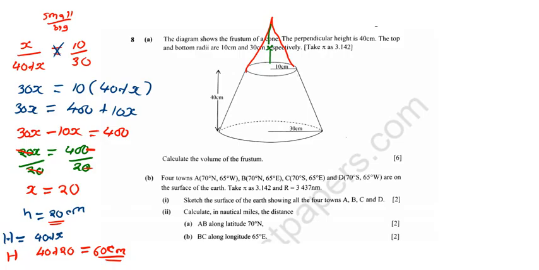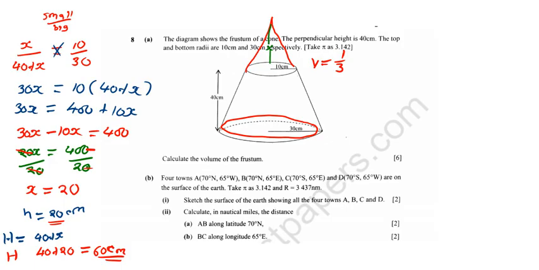So now I can go on and find the volume of the frustum. Finding the volume of a frustum, use this formula. We say volume is equal to 1 over 3 base area times height. For the base area, you know that this area down here is a circle.